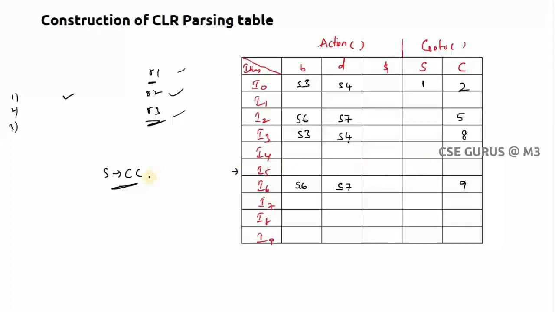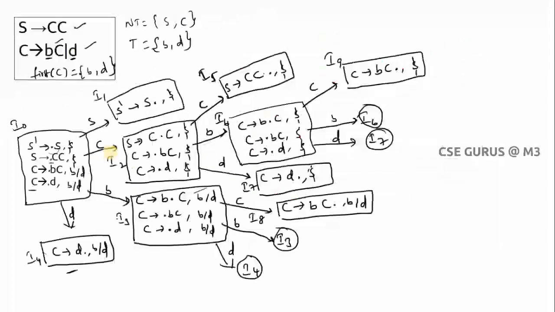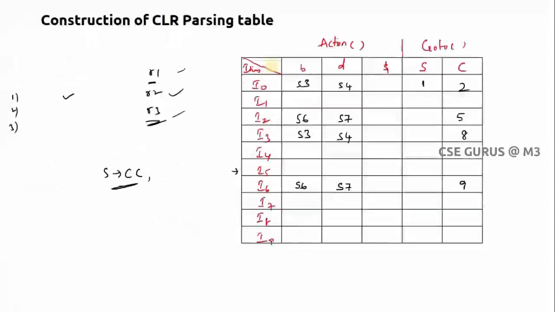Now we'll see. S tends to CC dot, you have checked it, no? In SLR you checked it like this: to know where to write, you have to find the follow of S. But here, what you need to do is directly go to that S tends to CC dot. What is the look ahead you are finding here? Dollar. So only take the dollar. Where is the dollar? Here. So I'm going to I5, I'm going to dollar.